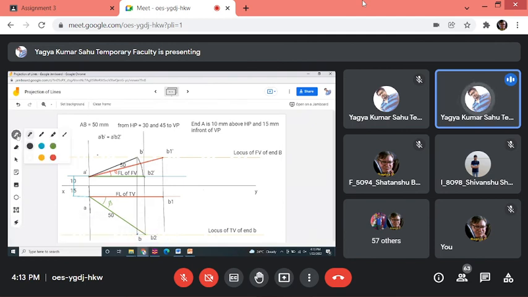With the concept of line, join A, B. This is the final top view. Or you can make a rotation taking A as a center. You can rotate like this.